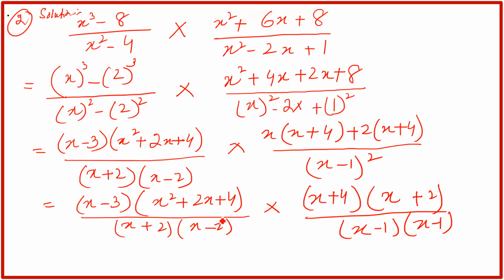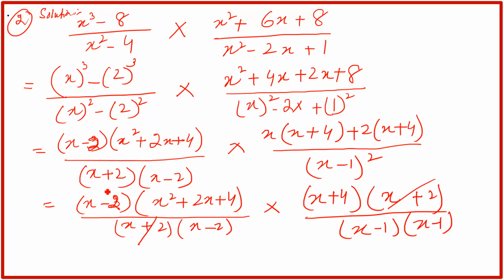So see here, x plus 2 is here, x plus 2, we have a multiplication sign, so we can cross each other. And this is x minus 2. And there should be one more x minus, sorry, see here, this is x minus 2, this is x minus 2 as well, right?